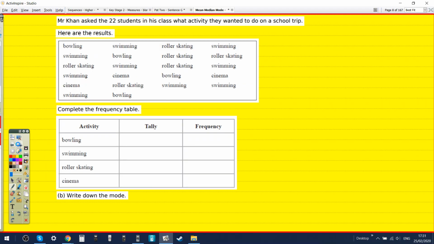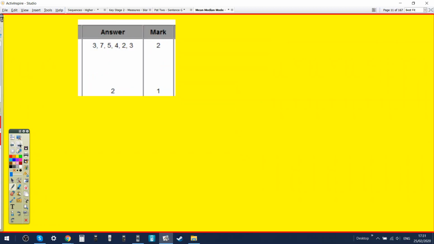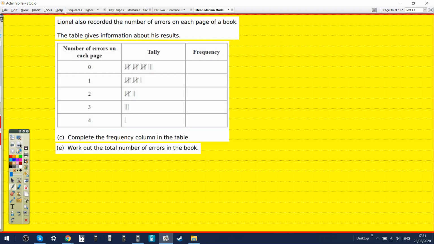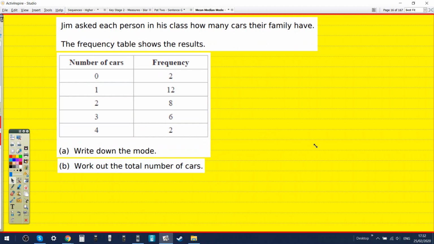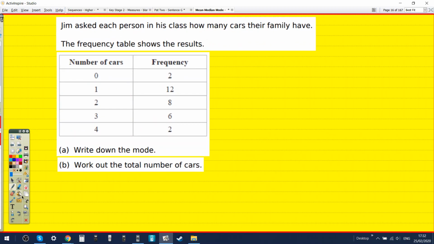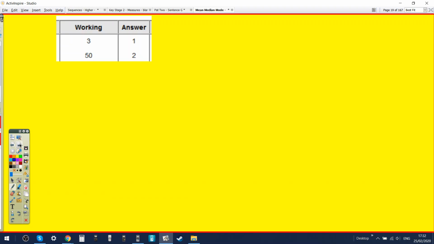Good there. So this one, you have to write down the mode. What is the mode? Do you know? Is it when you add it all up and divide it by the number?